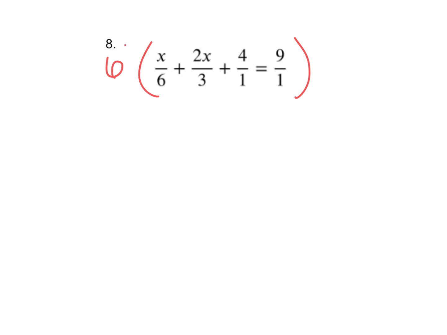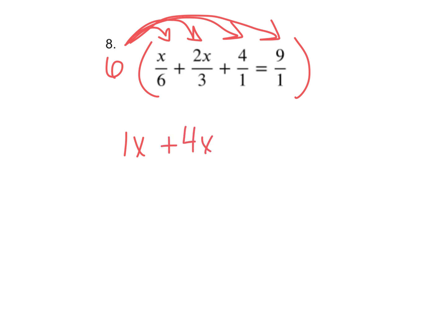all of the terms by 6, I would be able to clear out all the fractions. So 6 times x divided by 6, that's going to be 1x, or just x. 6 times 2 is 12, and 12 divided by 3 is 4x. 6 times 4 is 24, and 24 divided by 1 is still 24.